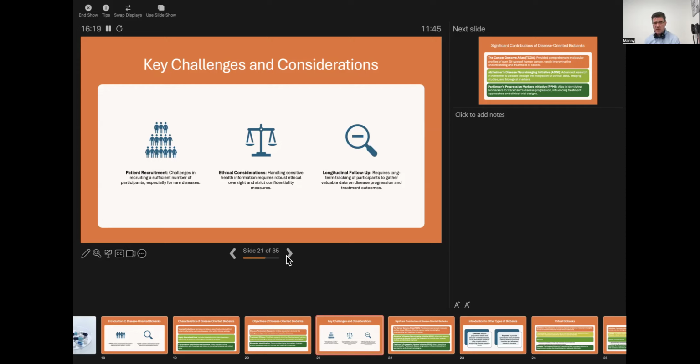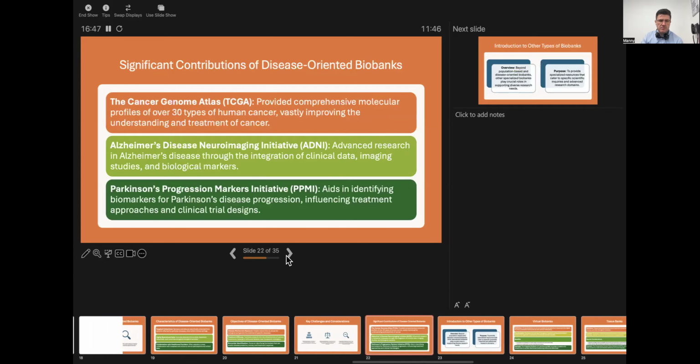So how do we minimize that? How do we make sure that sensitive health information is robustly kept? How do we make sure that we have appropriate and balanced disease progression and treatment outcome data sets recovered?